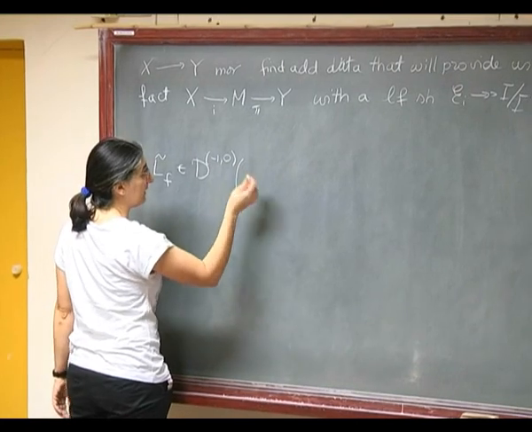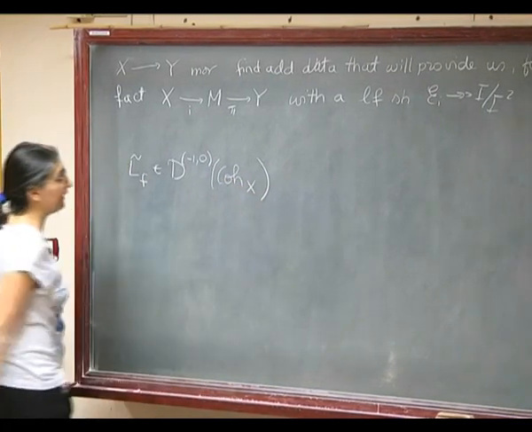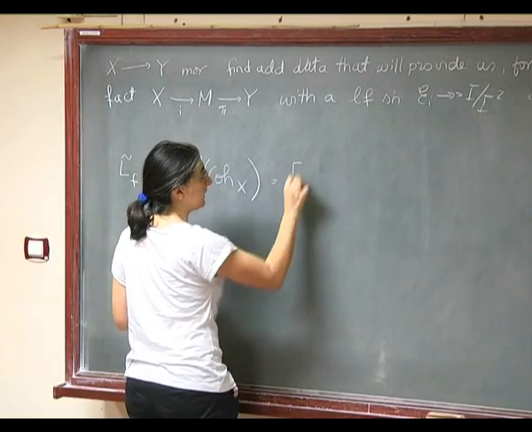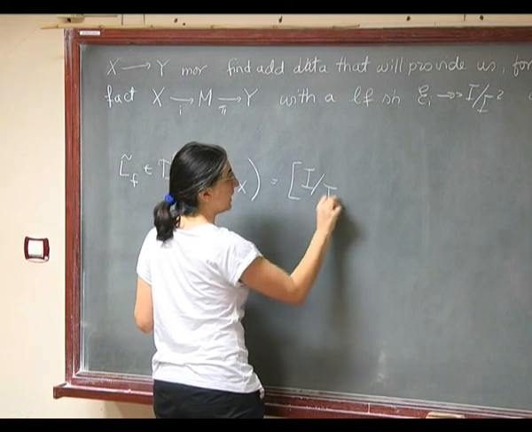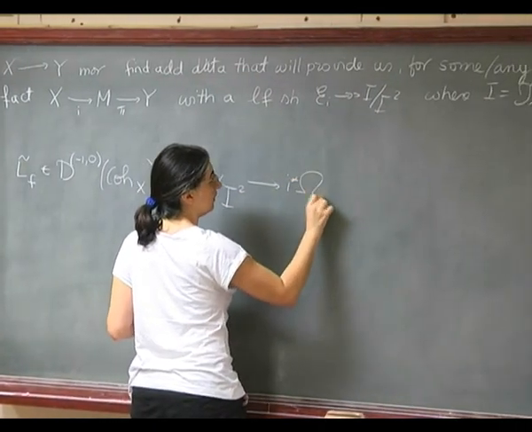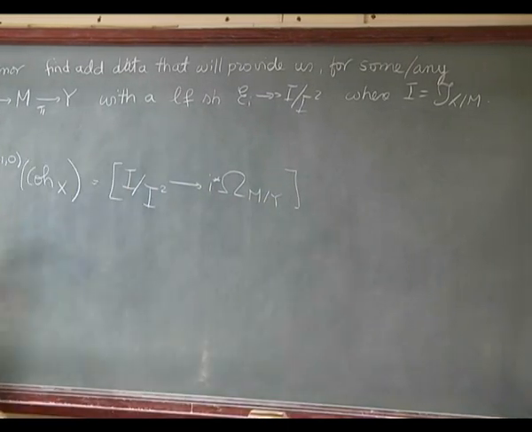Well, in general, here, and this is just the complex I mod I squared to I pull back of omega M. And this is well defined.